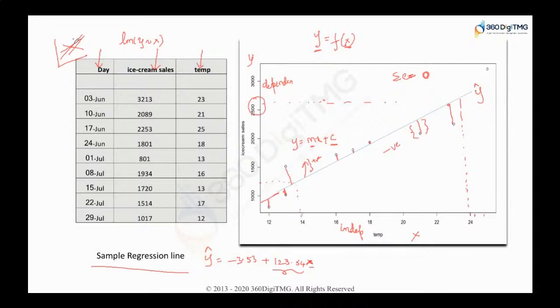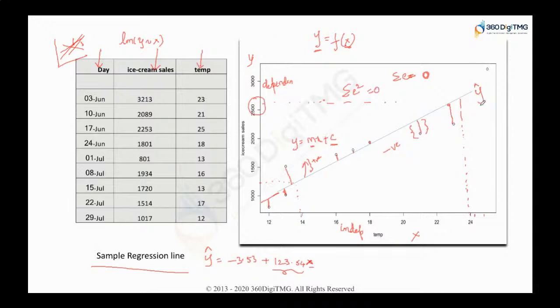But the sum of the error terms with respect to the line you have drawn should be equal to 0. Because of the positive and negative terms, we square these distances to remove the negativity. So we write sigma e square.